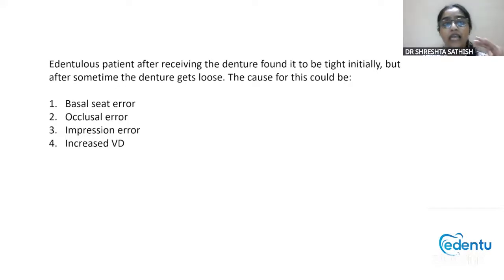So basically, the answer would be an occlusal error. All right. Why? Because its tightness initially is because of the retention, it is not a basal seat error or an impression error. But occlusal error, it can be because an increased VD can also cause the same occlusal error to it. Okay.